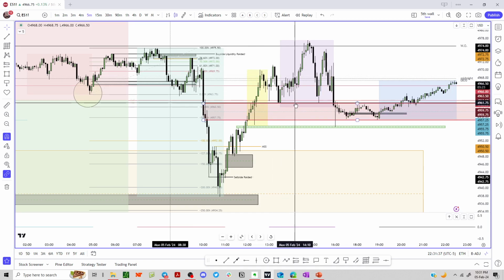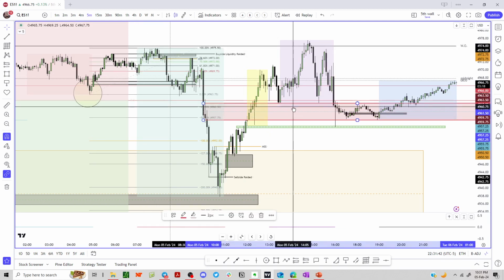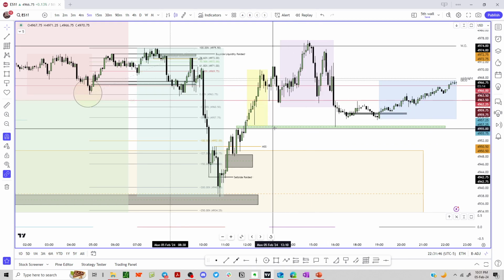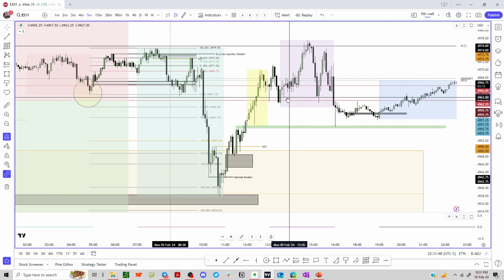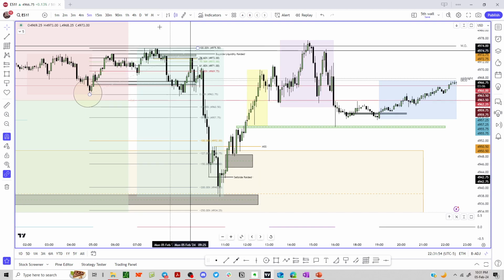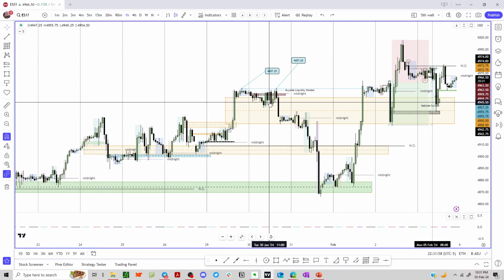Price pulled down. I do believe this is a 1 hour fair value gap, but it's not necessarily entertained right now, but that would be the best bet, so to speak.